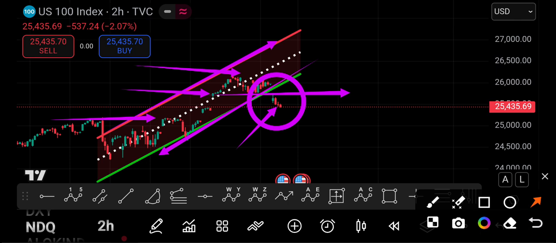We can also initiate a short selling position, because now the downside correction is going to get started, and that will come in the form of a price wise correction straight to the downside.